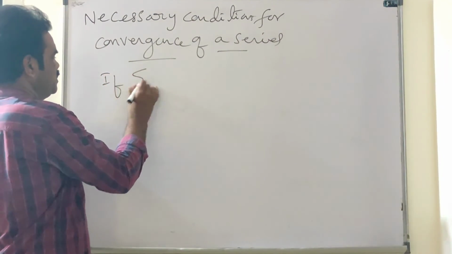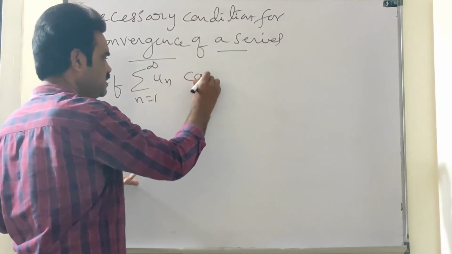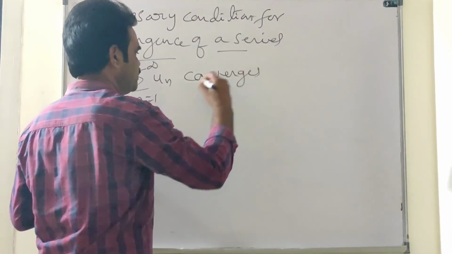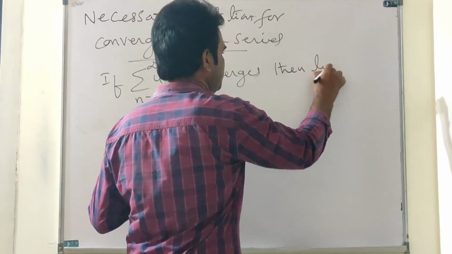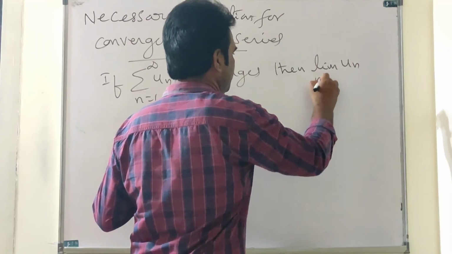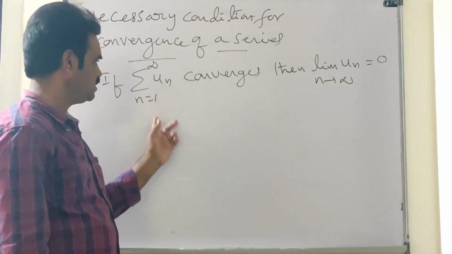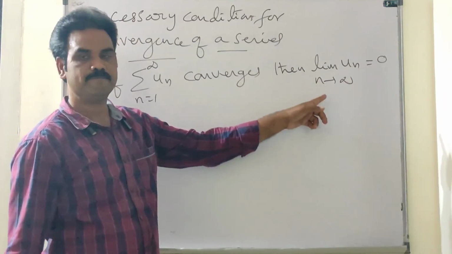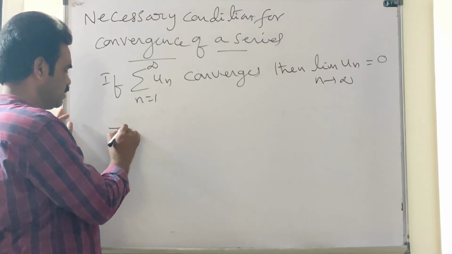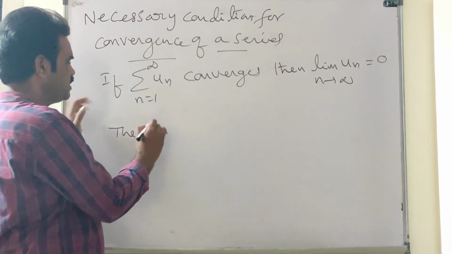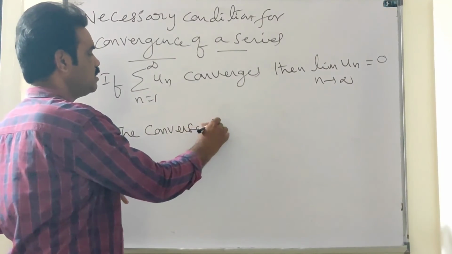If sigma un, n is 1 to infinity, converges, then limit un as n tends to infinity is 0. That means if the series converges, then limit un is 0. The converse of this is not true. This is the necessary condition for convergence. The converse is not true.